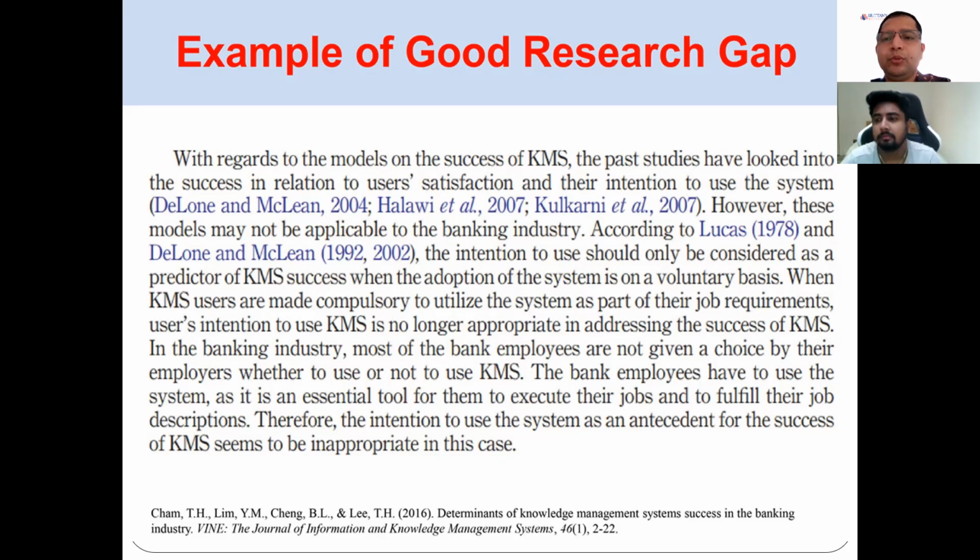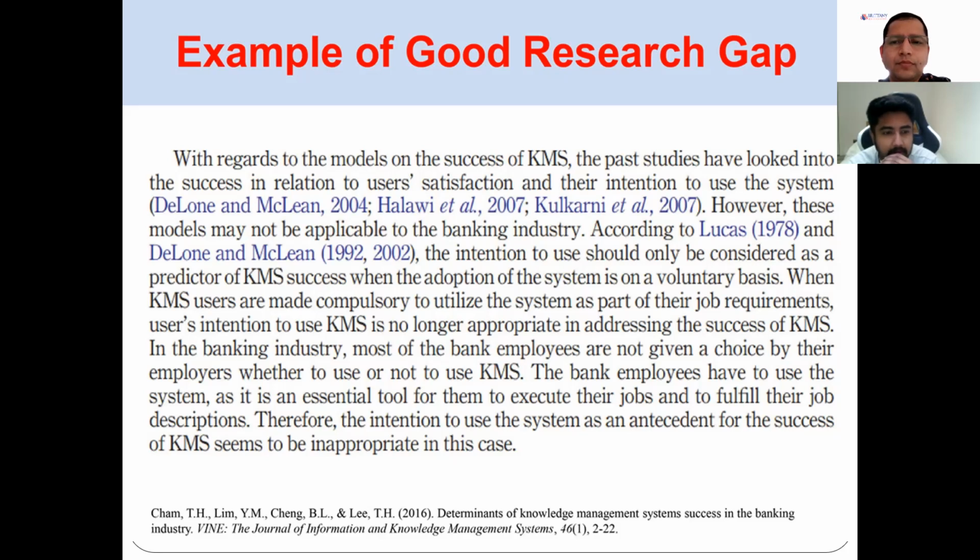Then we are at the moment before the break, we discussed what the research gap is, and we found one example. So this is the second example. Could you please read it again? With regards to the models on the success of KMS, the past studies have looked into the success in relation to user satisfaction and their intention to use the system.